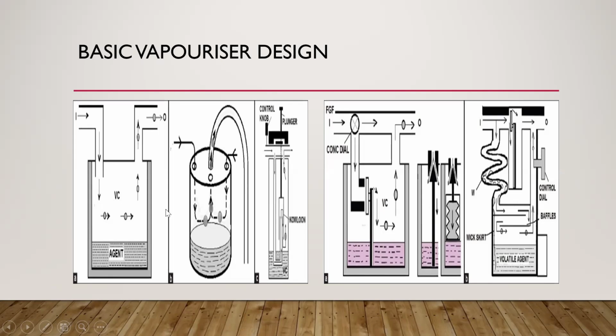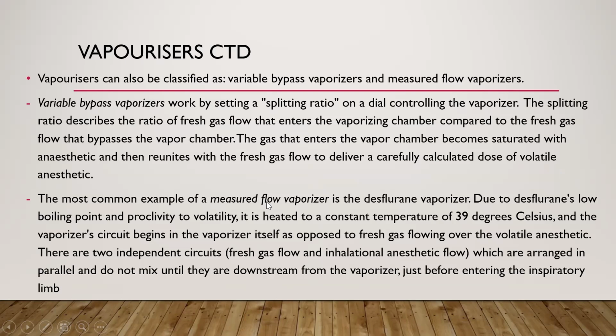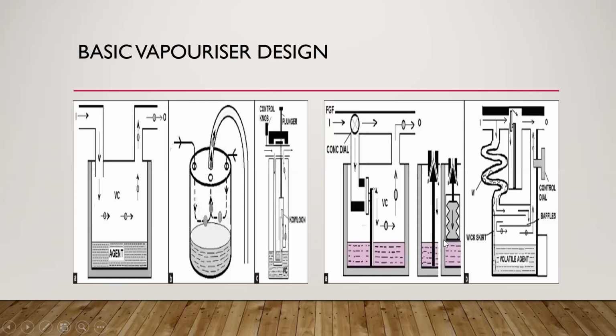Now, in the measured flow vaporizer like the desflurane, there's no vaporizing chamber and no bypass chamber. The vapor of desflurane is injected straight into the outlet, the fresh gas flow, so there's no splitting ratio there.